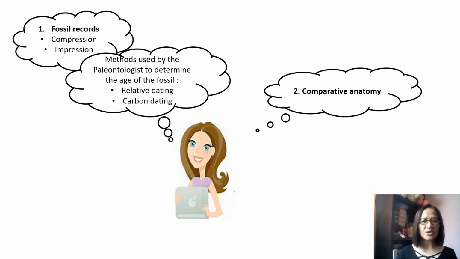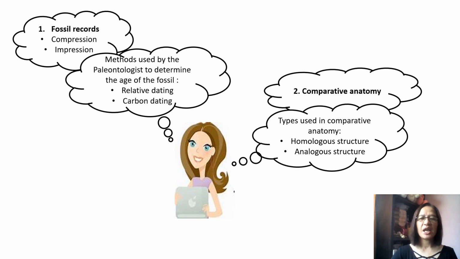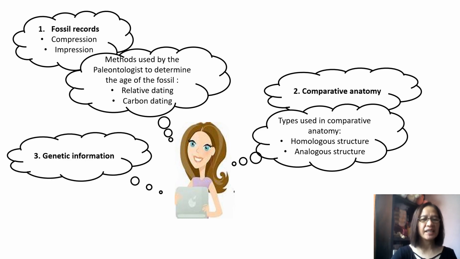Another evidence used by paleontologists is comparative anatomy. And we have two types used in comparative anatomy, the homologous structure and analogous structure. And the last one is we have the genetic information.